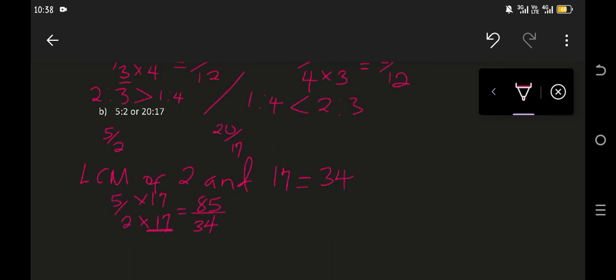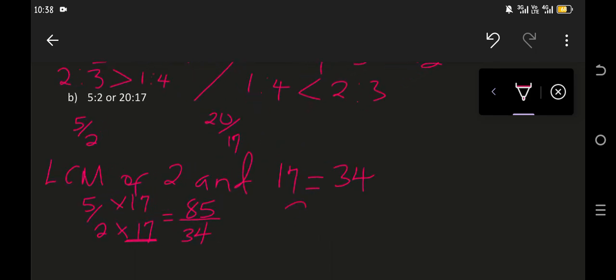Next, we are going to take the fraction 20 over 17. Here, which number will we multiply with 17 to get 34? 2. You take that 2, you also multiply it by the numerator. That will be 40 over 34.